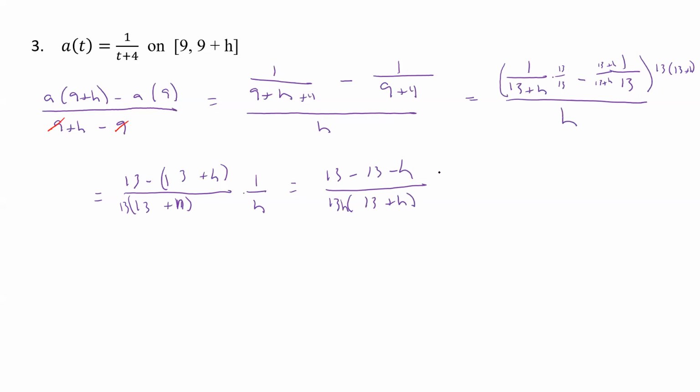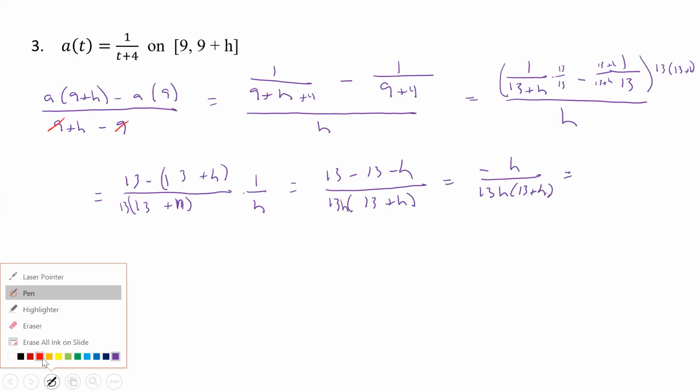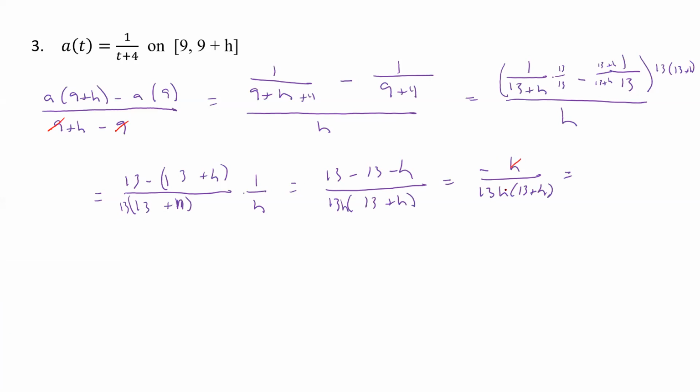And 13 minus 13 is 0, so we have a minus h over 13h times 13 plus h. And we get a cancel again, it looks like, because our h here cancels this. That leaves us with 1. And so our final answer is then negative 1 over 13 times 13 plus h.